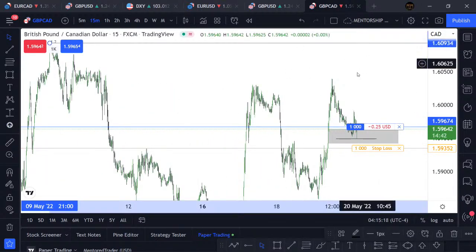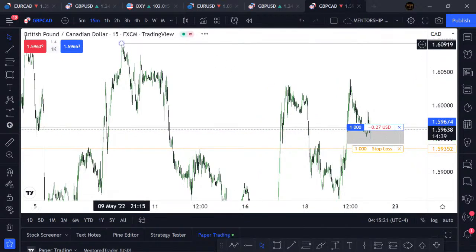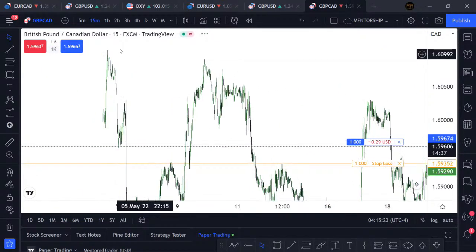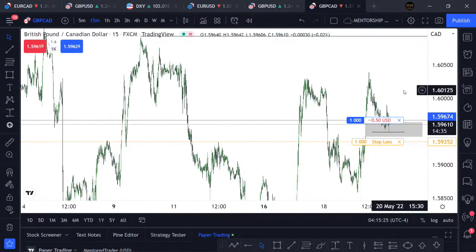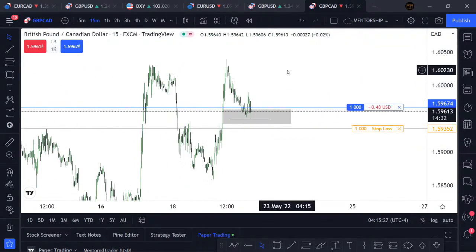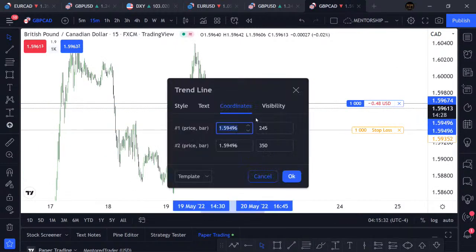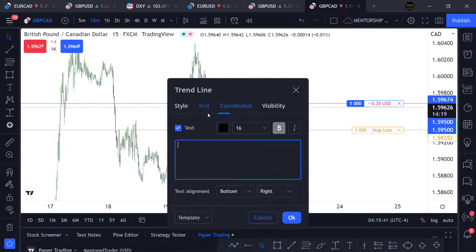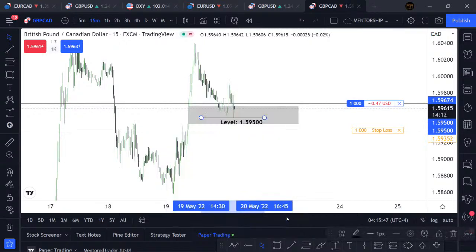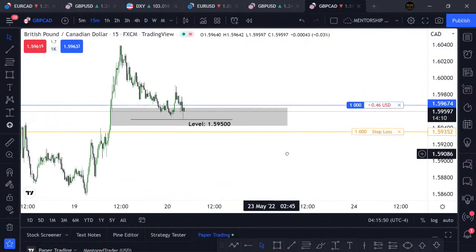Okay, so do you remember this high here on a 4-hour chart? Do you remember these two highs? So that would be my next take profit. So if I bring my Fibonacci, let's mark this as a 50 level, to keep price above it.